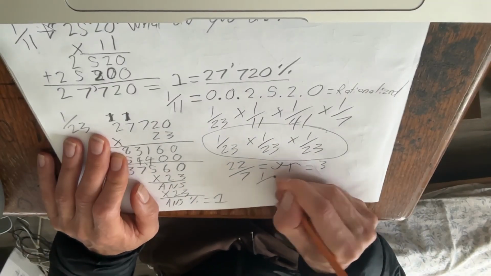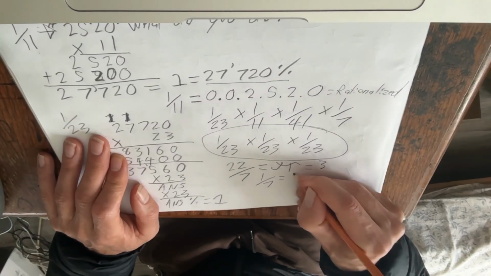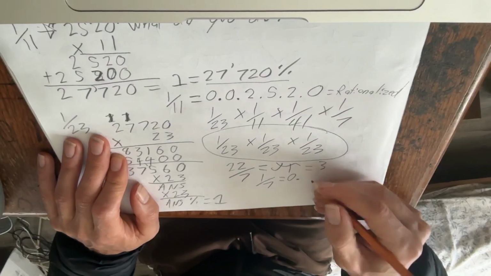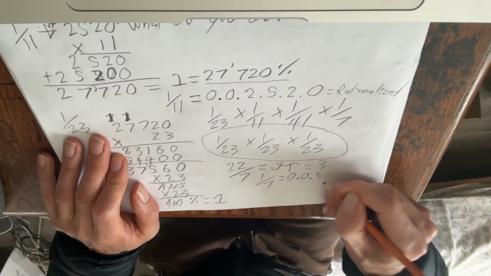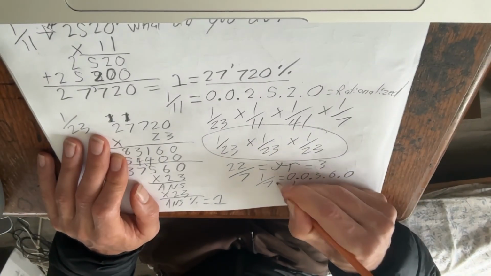But if 1 over 7, when we understand that we're working within the 2,520 percentage, that's right, 0 decimal 3 decimal 6 decimal 0 is 1 over 7.